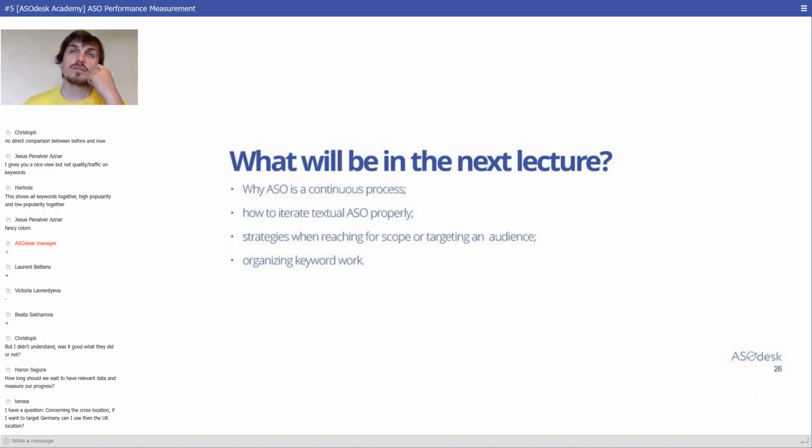So if you iterate on the App Store, in the next, I think, 12 hours, you will see changes in your rankings by the keywords. In the next few days, you will be growing or losing positions by the given keywords.